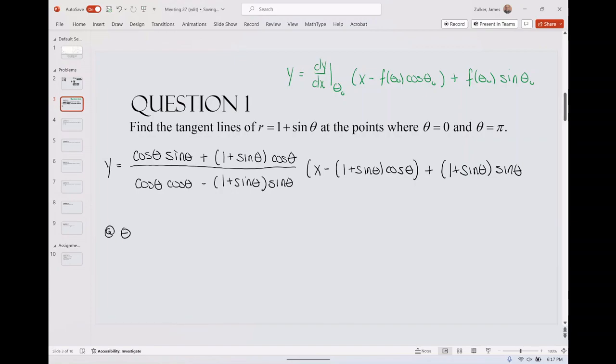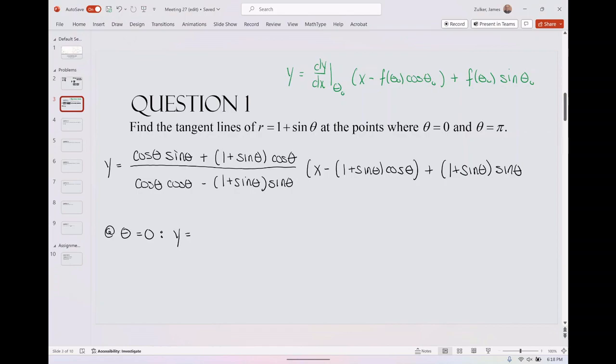So let's say at theta equals 0, we just plug in theta equals 0. Sine of 0 is 0. That first term is 0.